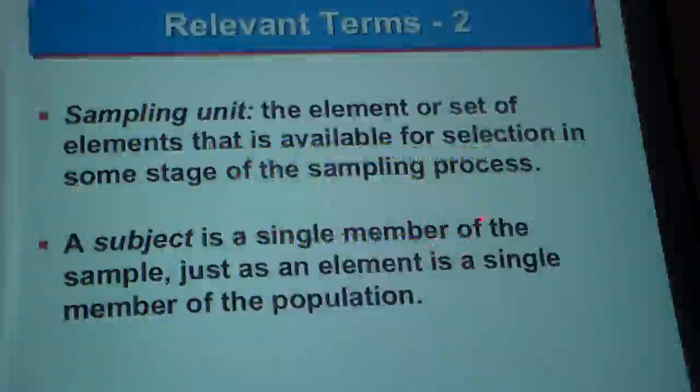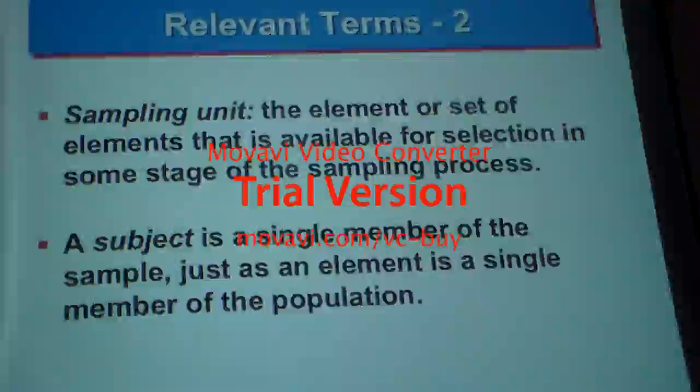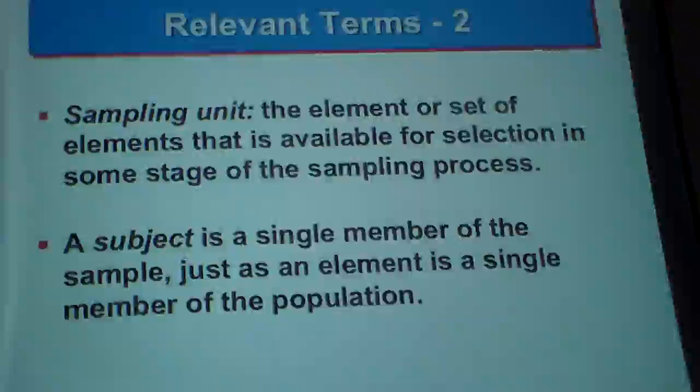A subject is a single member of the sample. So this member inside the sample is called a subject, just as an element is a single member of the population.